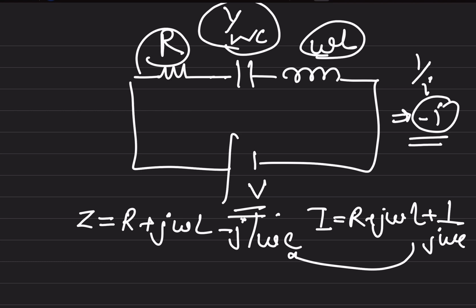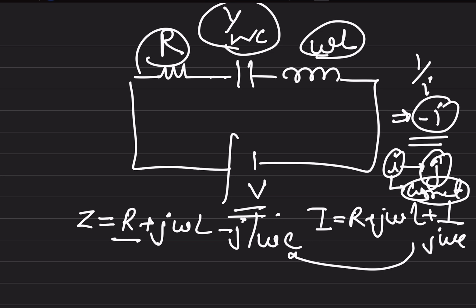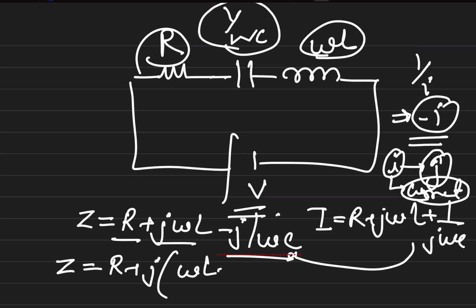Since in maths i denotes complex numbers, but here i is the current, in place of i we denote it by j. So 1 upon j will be equal to minus j, so Z will be equal to R plus j omega L minus 1 by omega C.